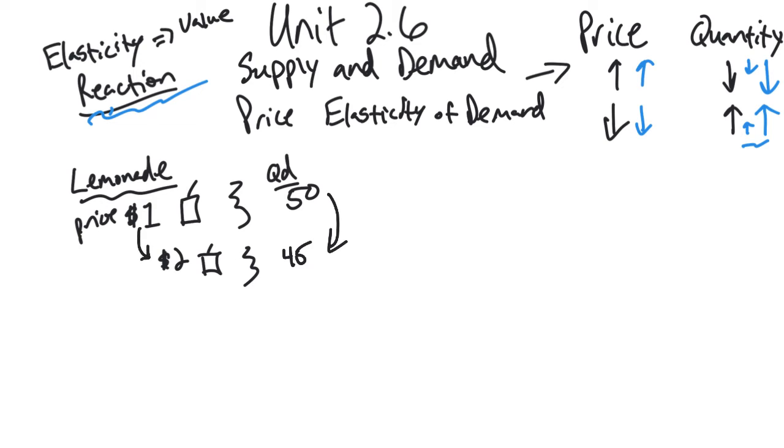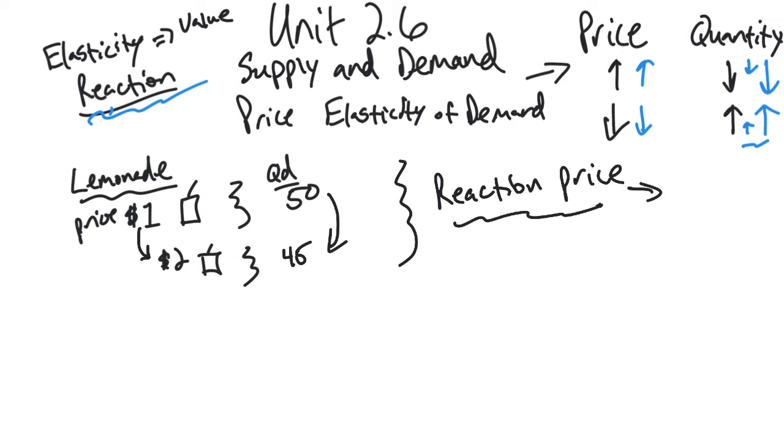We can then measure this reaction by looking at the reaction in the price compared to the reaction in the quantity. We look at the change in price, and then compare that change to the change in the quantity.